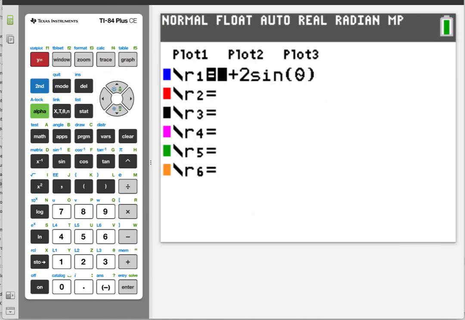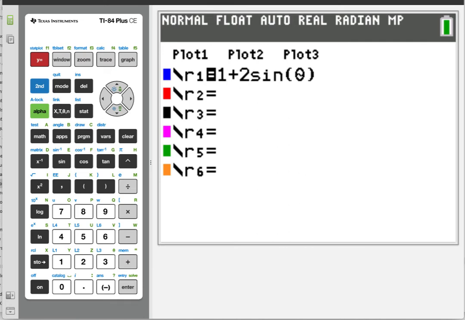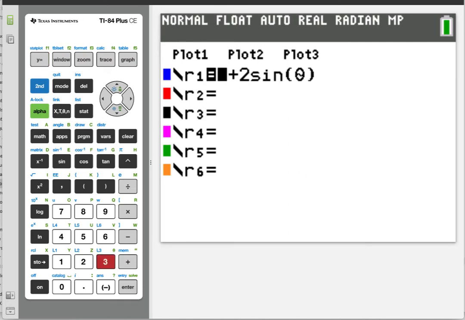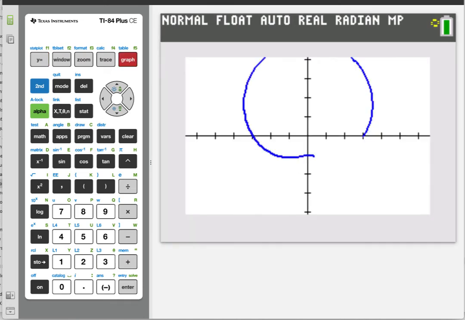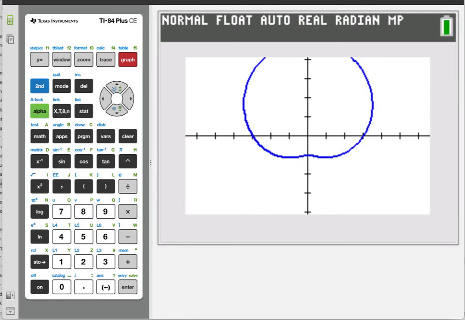And if I make the a bigger, it kind of pushes that dimple out. It's no longer really a cardioid, no longer really a heart. So those two different types of equations, the petaled rose or the cardioid, and the couple versions of the cardioid, are really unique graphs. Those are real classic types of polar equations that you might deal with in your calculus textbook or your calculus class.